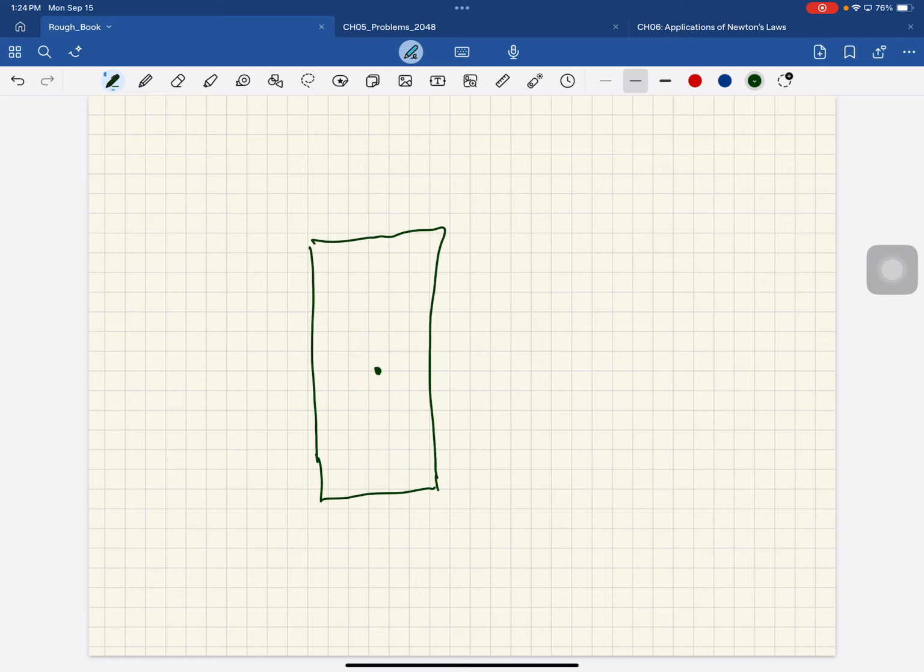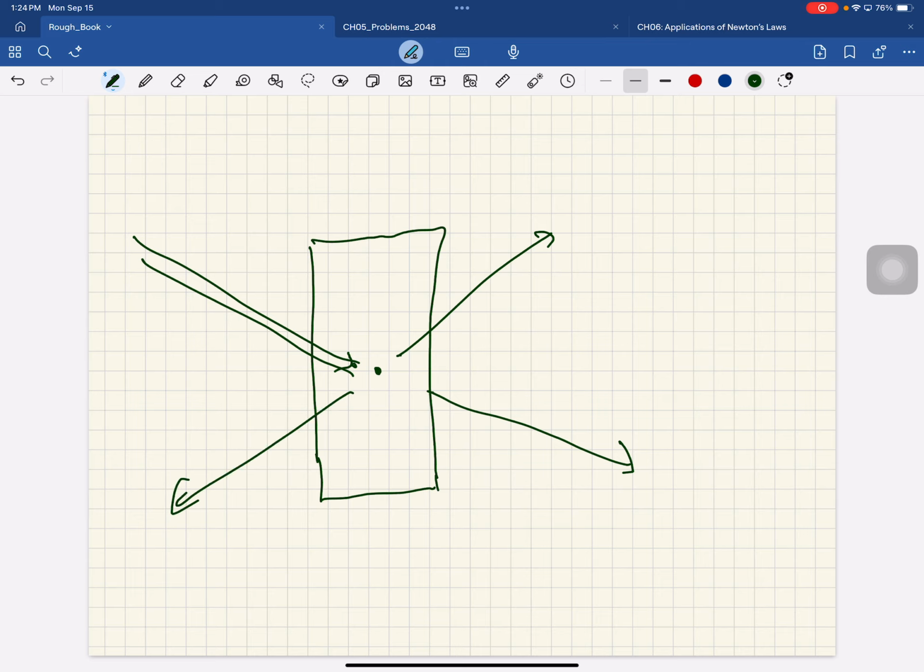Now, let me show you a couple of examples. Here's the center of mass of the object. If you apply forces that all go through the center of mass, then this object won't spin, no matter how many forces you apply. If the line of action of all the forces is through the center of mass, it won't spin. The best it can do is have a translational motion.